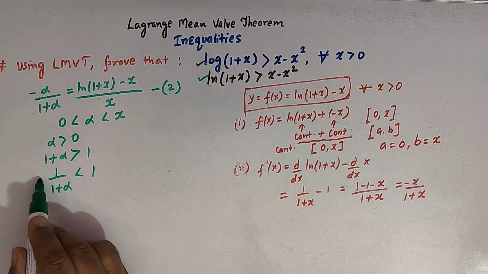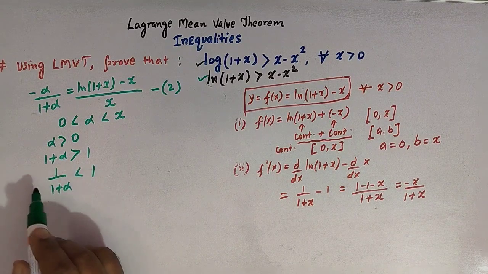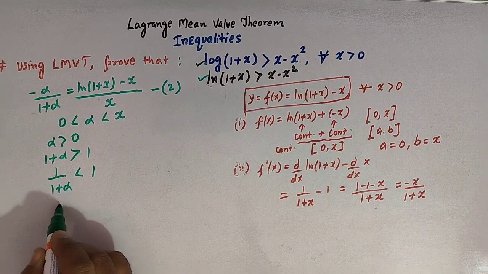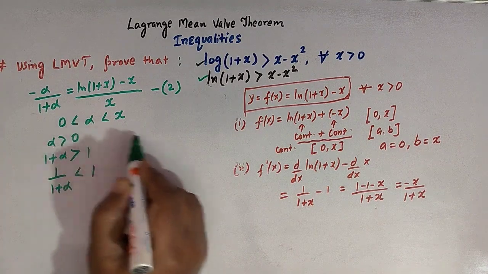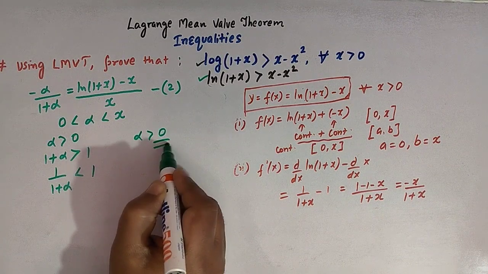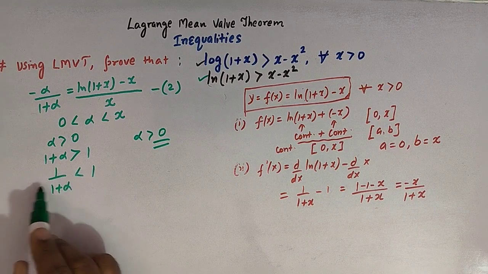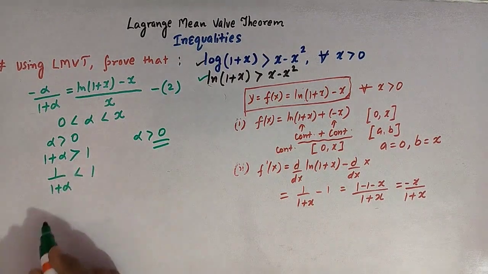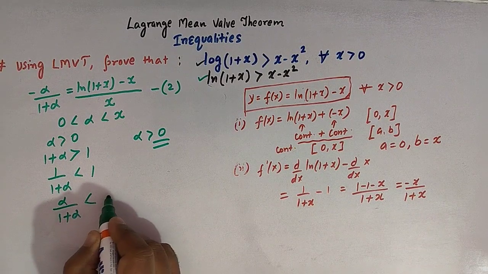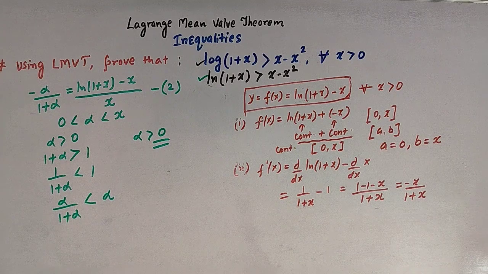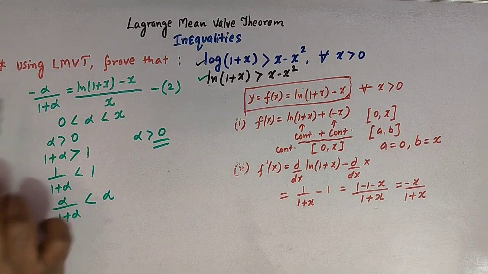Okay, now if we multiply both sides by alpha, then what we will get, let us see. So multiply both sides by alpha, because alpha is greater than 0, so there is no harm in multiplying both sides by alpha, right? So we have alpha over 1 plus alpha, and here we have less than alpha, right? Now see, here we have the negative sign.